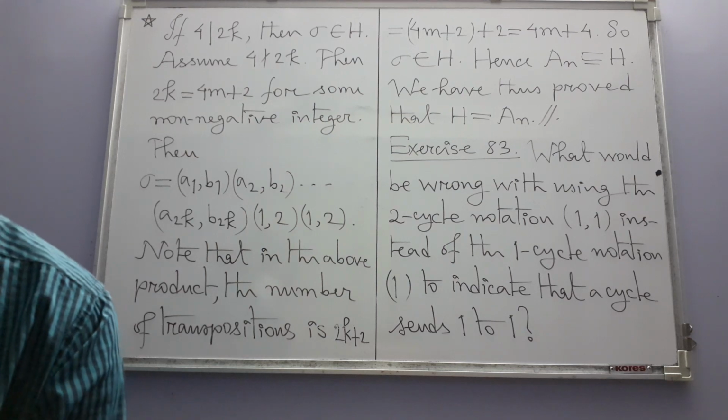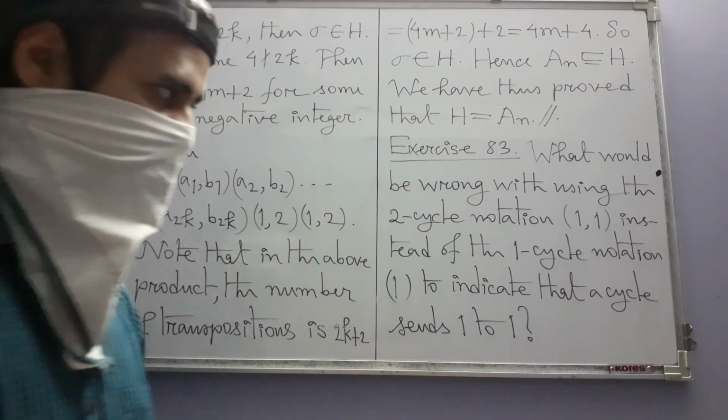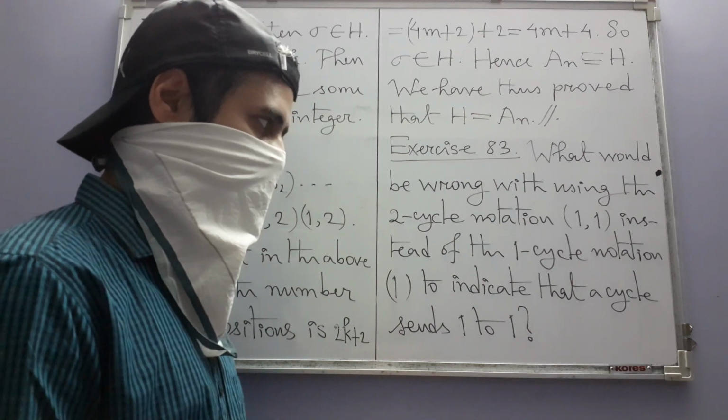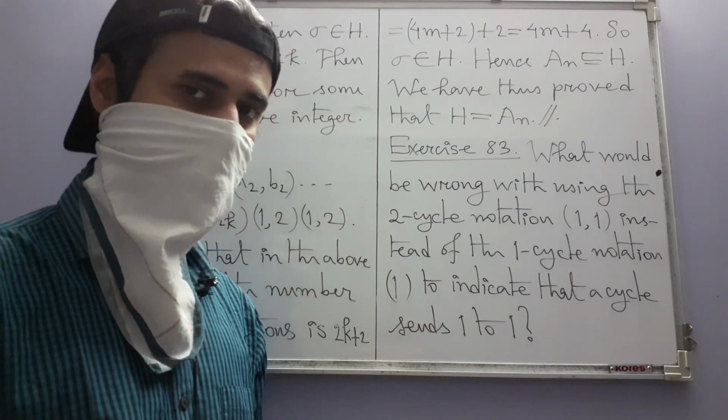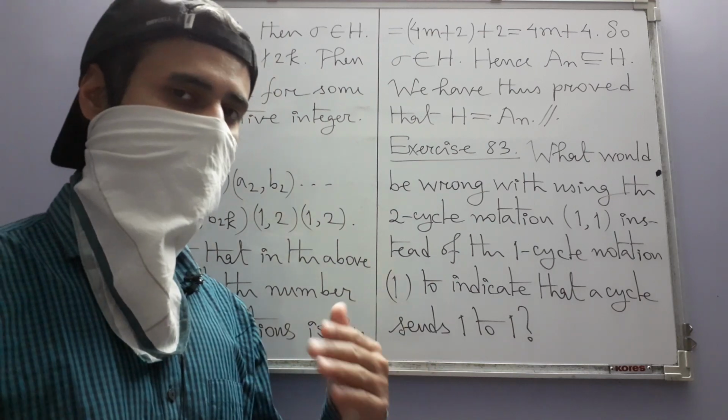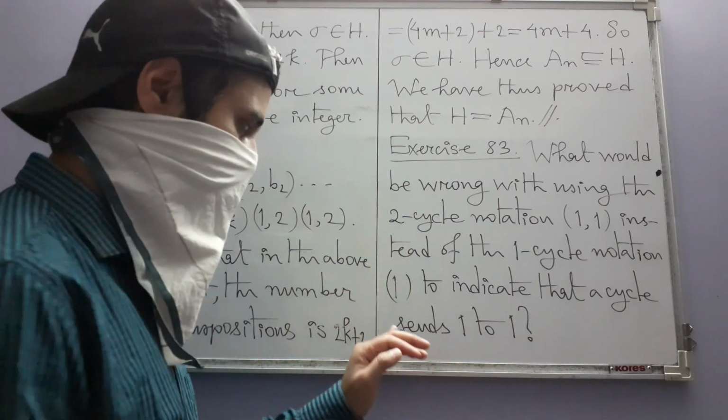So here the question is this. We know that when we consider a cycle which does not change a symbol, then that symbol actually does not appear in the cycle.